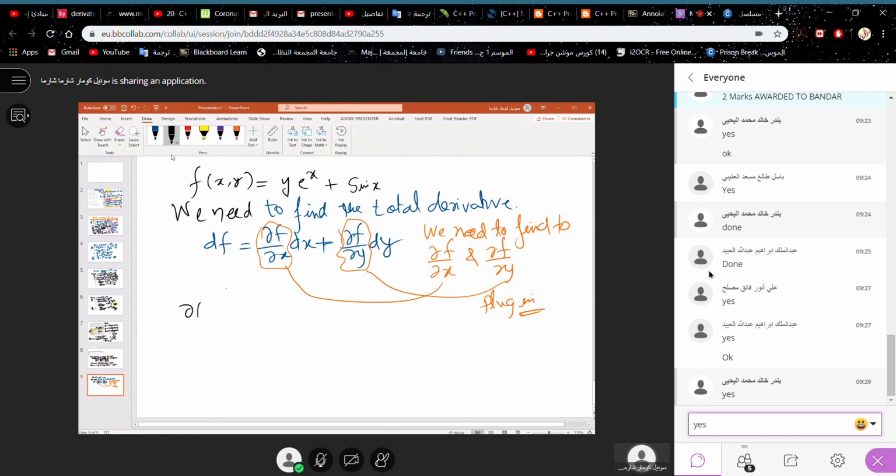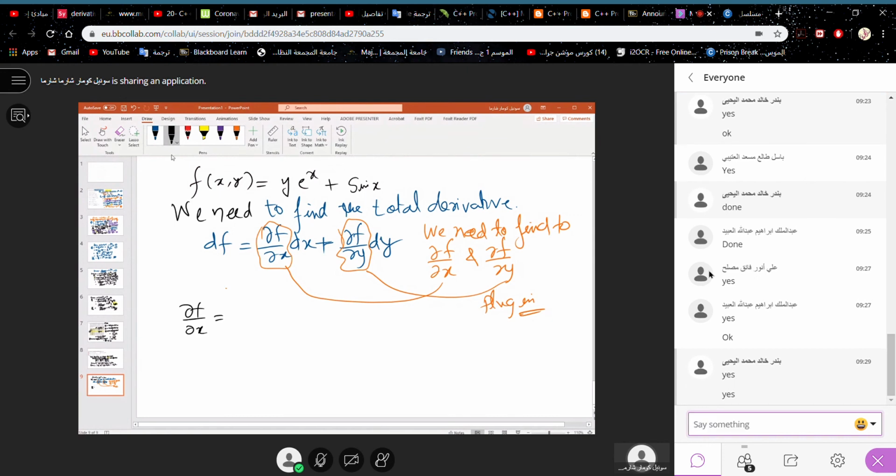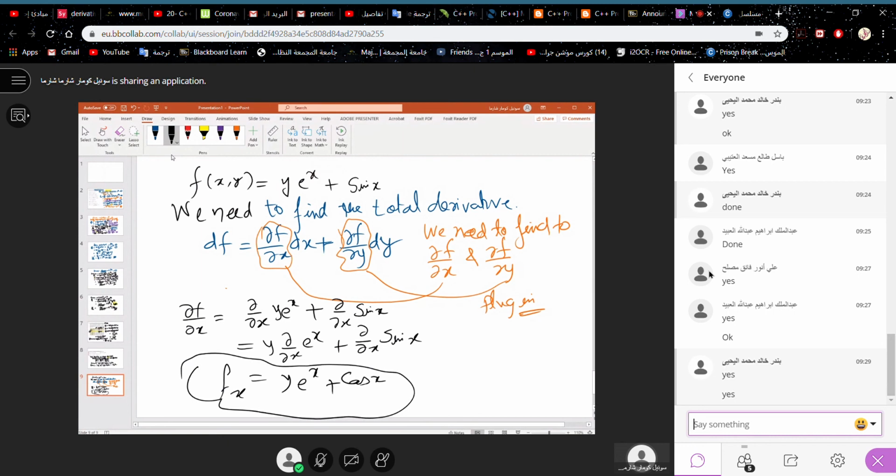So del f upon del x equal to del upon del x of y e to the power x plus del upon del x of sin x. With respect to x, this y is a constant, so we can write it as, and derivative of this is y e to the power x plus cosine x. This is your fx. And similarly fy is e to the power x.